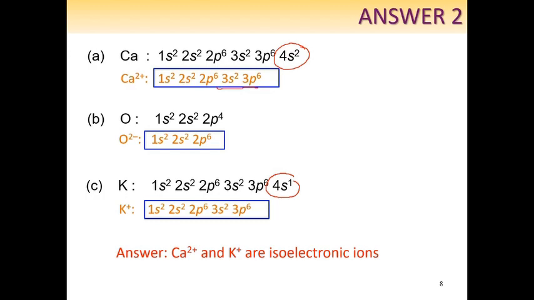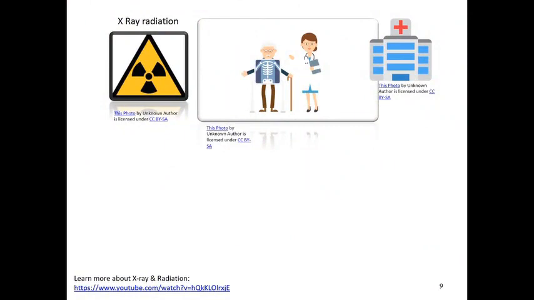Are you familiar with this symbol? This is the X-ray radiation symbol, and we can see a lot of this symbol at the hospital. I'm sure some of you have experienced an X-ray test at the hospital, which is actually a quick, painless test that produces images of the structure inside your body, particularly your bones.